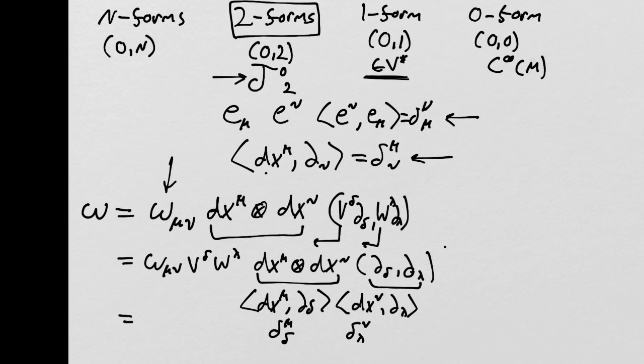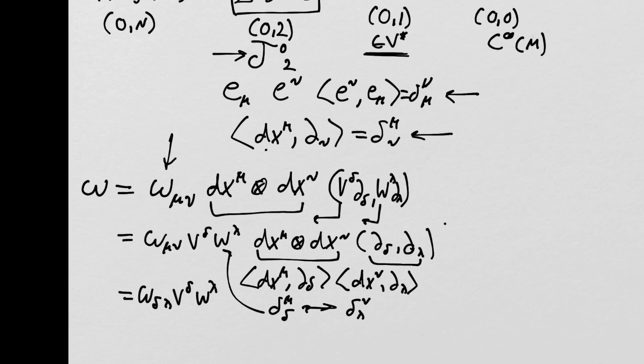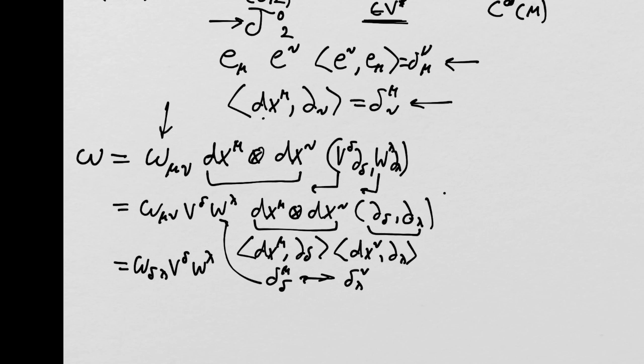And therefore, with these two delta functions here, we can go up to here, and I think what I'll do is I will change the subscripts on the omega, and I will get mu becomes delta, so I'll go omega delta lambda v delta w lambda, like that. Okay, so that is just sort of a review of how a 0-2 tensor maps two vectors into a real number, because that is clearly a real number.